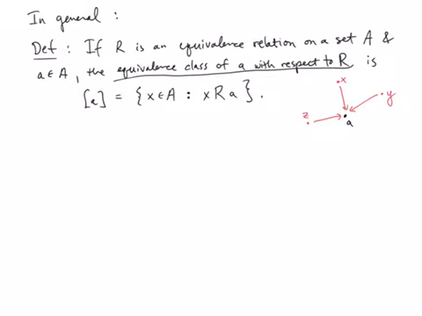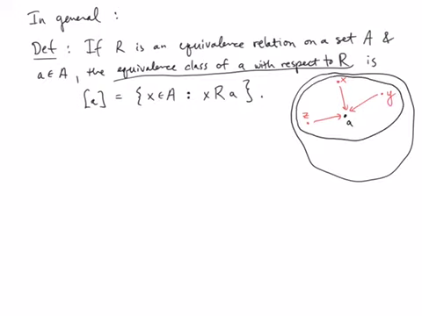All right, so the picture is that, if the big blob is the whole set A, then this in here is the equivalence class of a. And then if you had b over here, then the equivalence class of b would be all of the, let's see, I already used x, y, and z, so let's say x prime, y prime, and z prime.